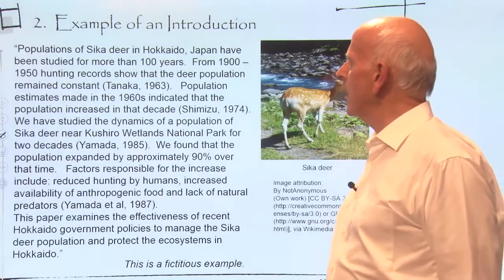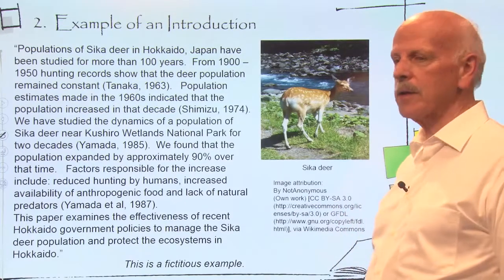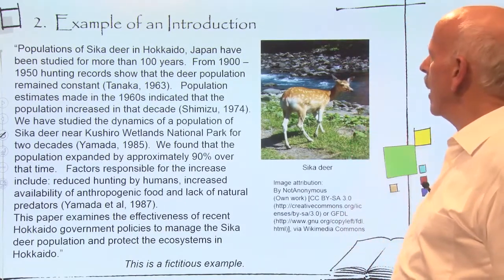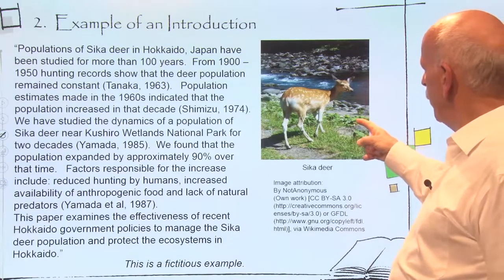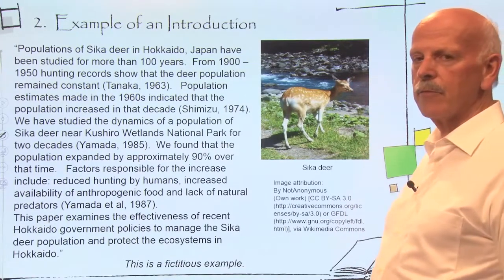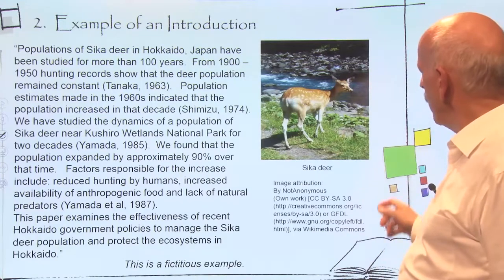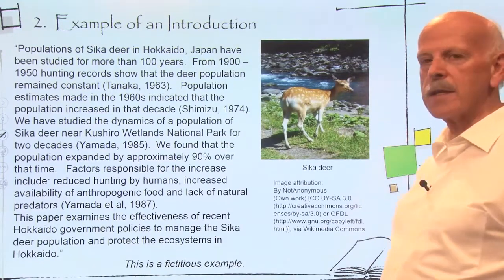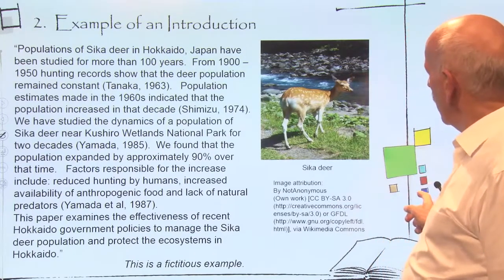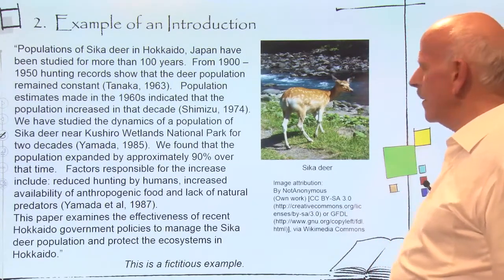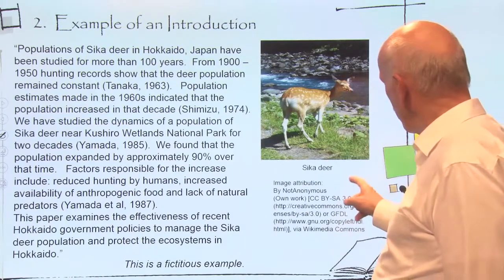Here's an example of an introduction from a paper about deer in Hokkaido, Japan. As a matter of interest, this photograph was taken from the web, and when you do that, you must check that it's acceptable to take the photograph and use it. And if you are allowed to use it, then you give the attribution.